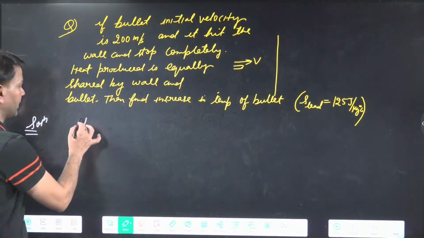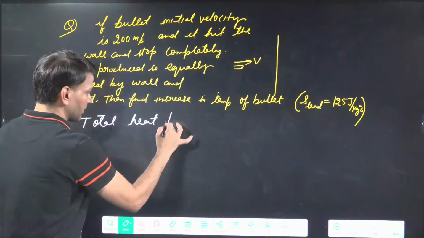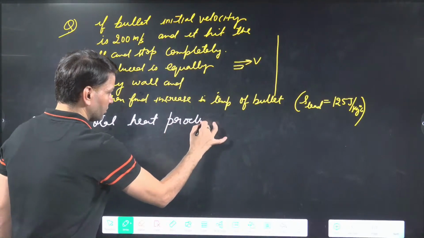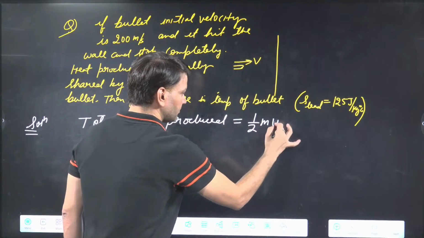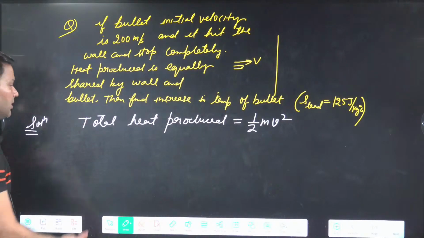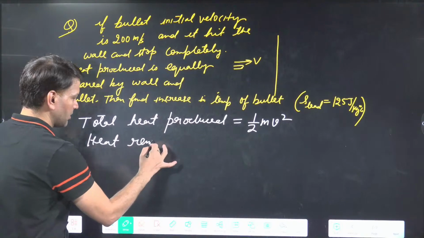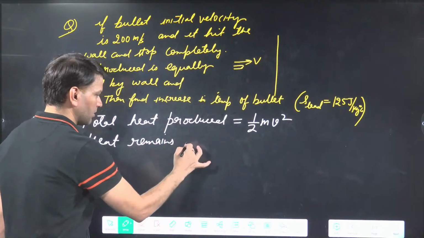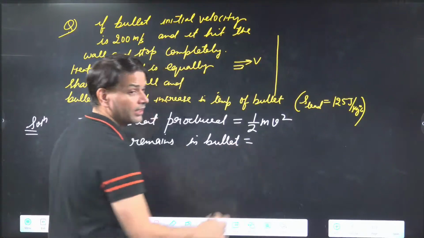So the total heat produced is equal to what? Half mv square, the initial energy. And the heat remaining in the bullet, what can I say?